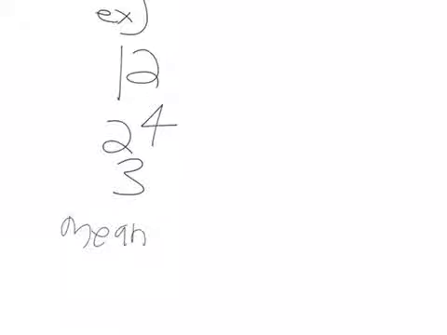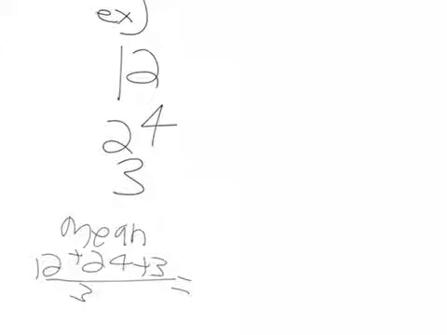To find the mean, we just do 12 plus 24 plus 3, adding up all the numbers, and then dividing. There are 1, 2, 3 numbers here, so we divide by 3. The sum is 39, which will give you 13.